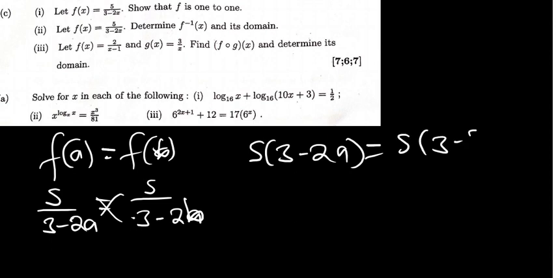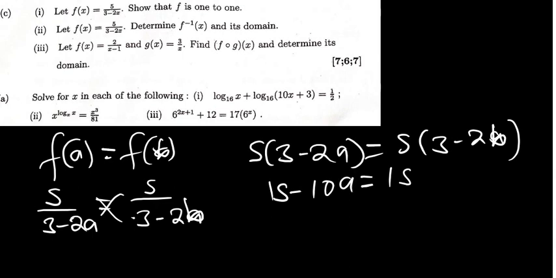So if I cross multiply here, I'm going to get 5 open brackets 3 minus 2b, sorry, has to be equal to 5 open brackets 3 minus 2a. So at this point, if I want, I can distribute. So it's going to be 15 minus 10a is equal to 15 minus 10b.